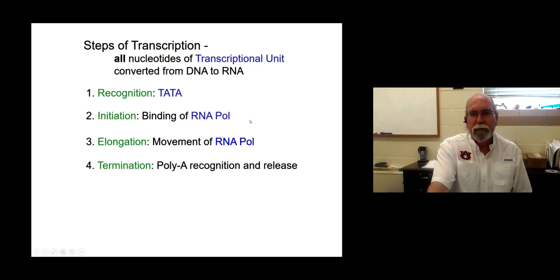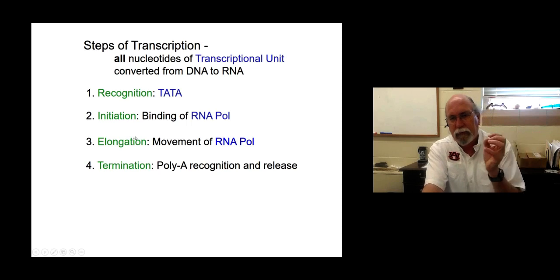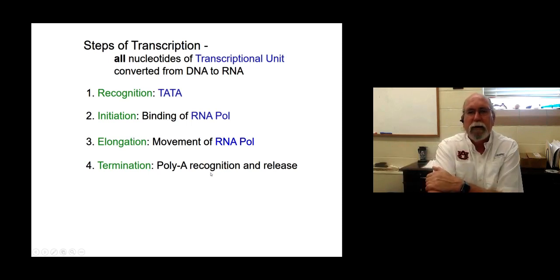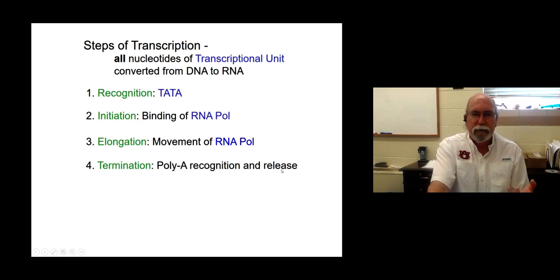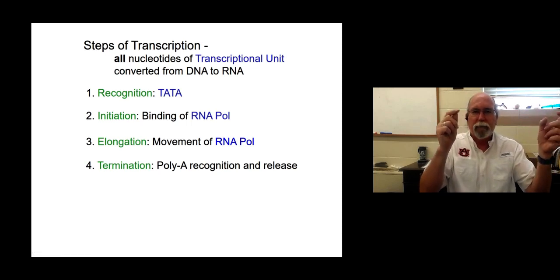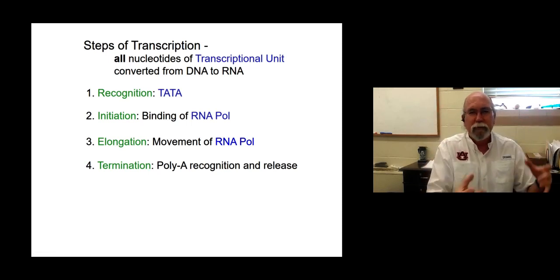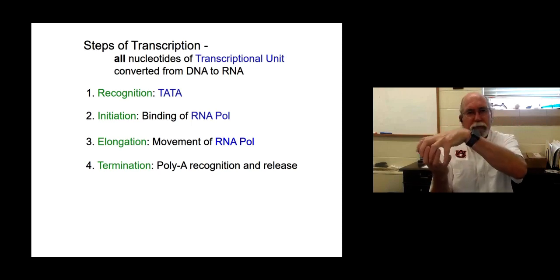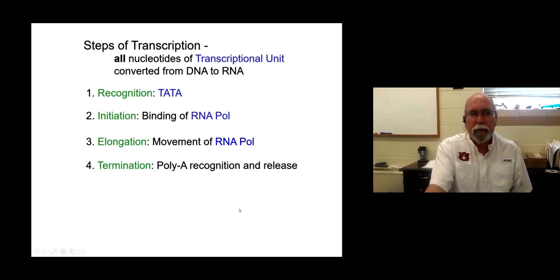Once it gets the first few bases on, you start the process of elongation, which is movement along. Eventually, you hit these poly-A recognition sites, and that brings in release factors, which cleave off the message itself. Now you'll have a naked 5' to 3' single-stranded message, and all the DNA will start to form back into its double-stranded components.